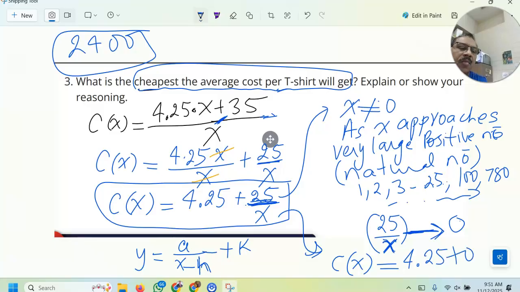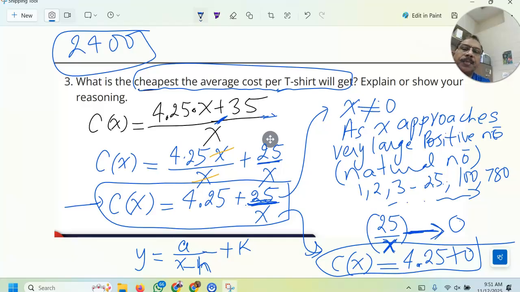That means the cheapest will be 4.25. So the price of the t-shirt will not be exactly 4.25, but that's the lowest it can come close to, $4.25. Nice example of understanding how a real life situation can be modeled into a rational function.